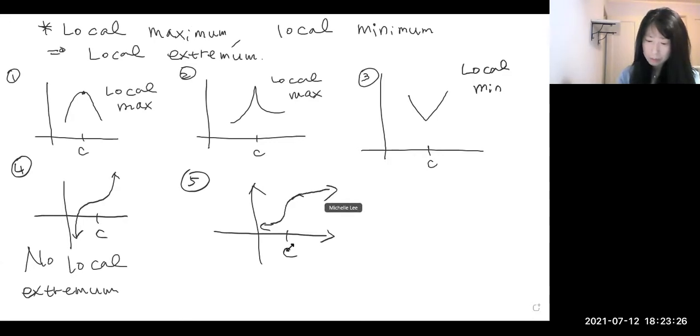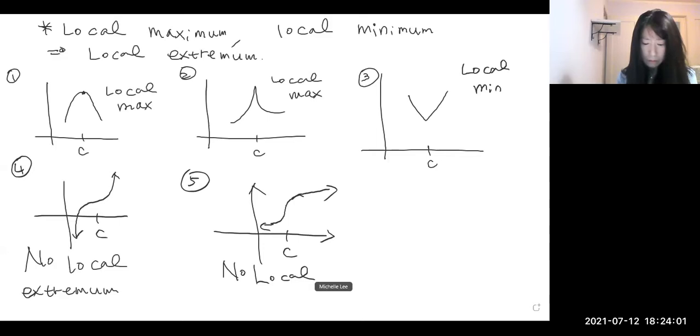Because of the arrow there, no local maximum. So no local extrema.